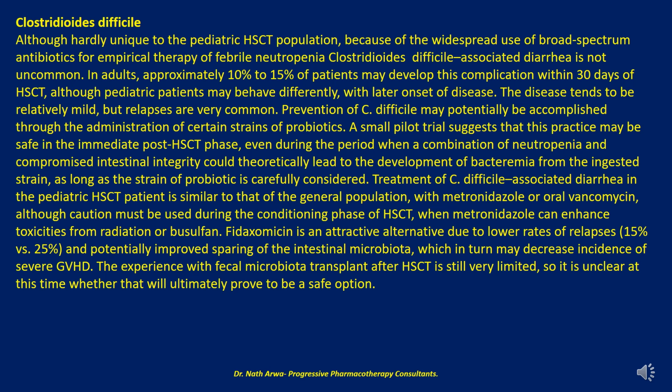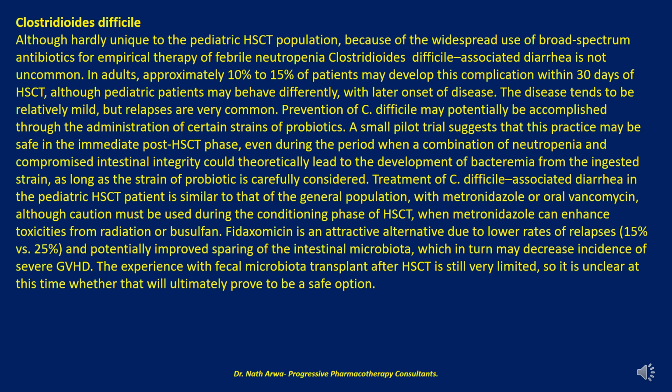We will now look at Clostridioides difficile. Although hardly unique to the pediatric hematopoietic stem cell transplantation population, because of the widespread use of broad-spectrum antibiotics for empirical therapy of febrile neutropenia, Clostridioides difficile-associated diarrhea is not uncommon.